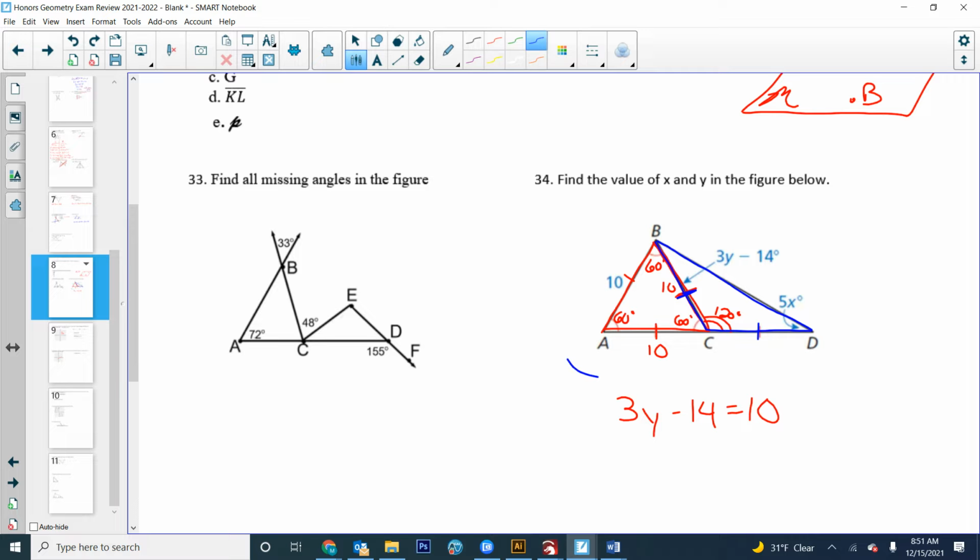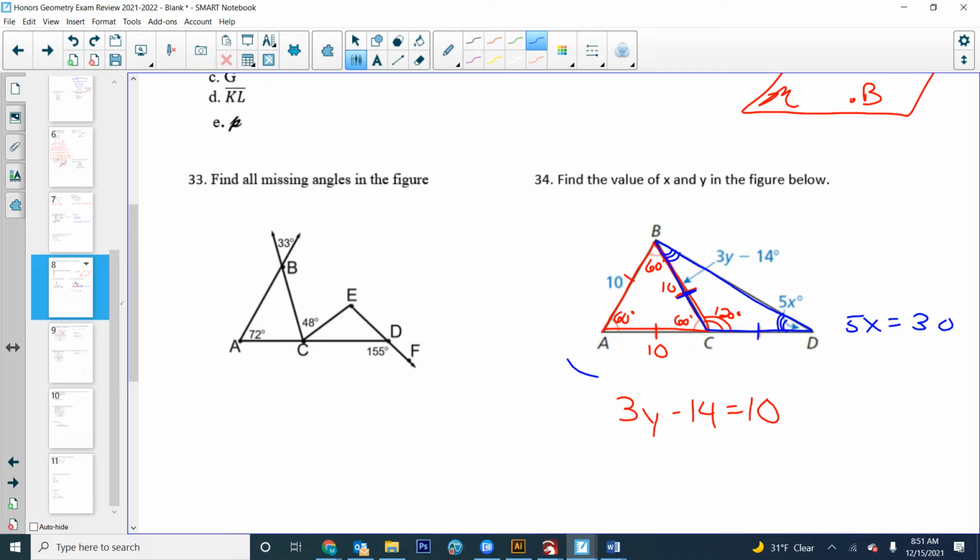So if these two are congruent, then the base angles of an isosceles triangle are congruent. Well, this obtuse angle has already eaten up 120 degrees. There's 60 degrees left in the triangle, and they're split between two equal angles. Each one of those is 30. So you should have set 5x equal to 30, divide by 5, and get x equals 6. Can I say 5x plus 5x plus 120 equals 180? I guess so. Yeah.